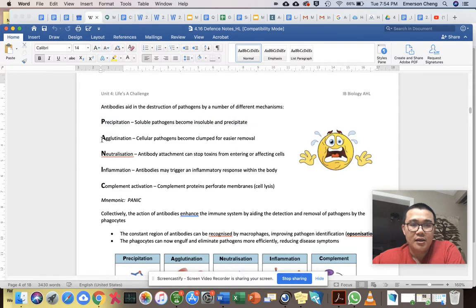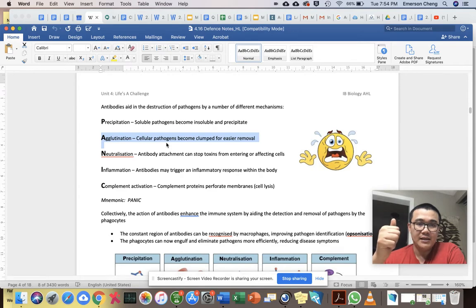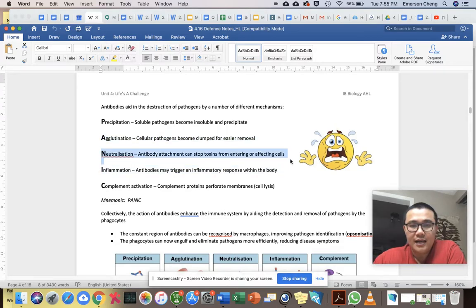Agglutination. In this case, some of the pathogens will be clumped together, so A, it can be easy removal, and B, it might make it harder for those pathogens to invade the cell. Neutralization: antibody attachment stops the toxin from entering and affecting cells.